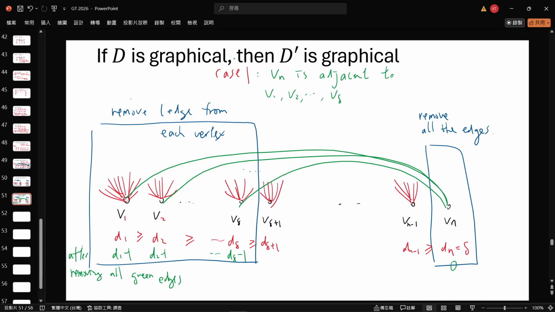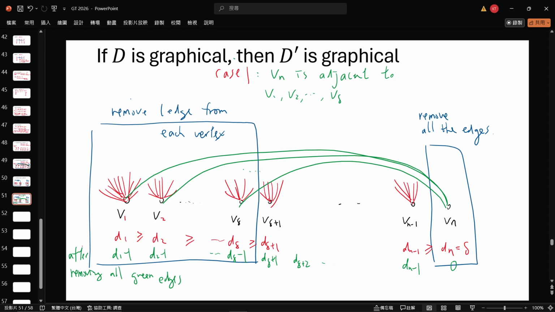All the other degrees are the same. They are not affected by this modification, because these green edges do not touch them. So after you remove these green edges, their degrees are the same.